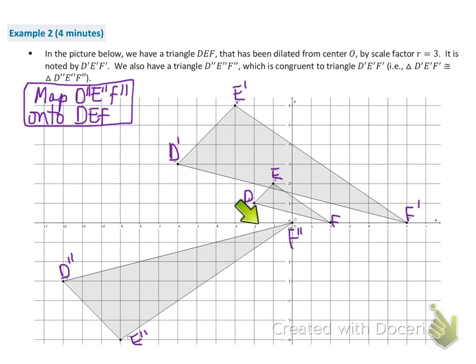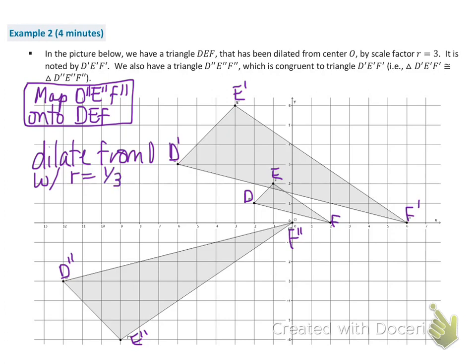So we're going to define this sequence. We're going to need a scale factor, not of r equals 3, but its reciprocal, right? So we're going to dilate. Let's start writing this sequence. We're going to dilate from the origin with r equal to 1/3.